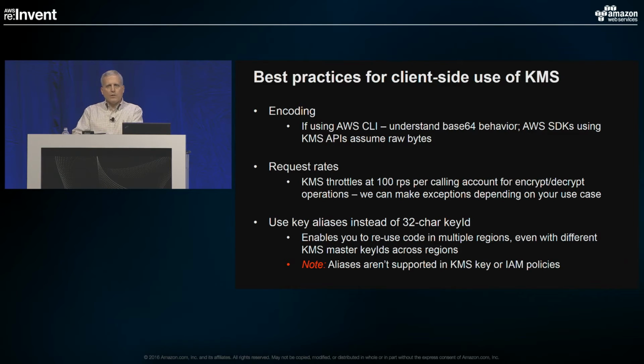Now your application code can refer to the alias, and you can actually run the same code in different regions, but have a mapping of that alias to the regionally isolated KMS keys. So this might make deployment simpler as you go from region to region. Do be aware, however, that aliases are not supported inside policies. The reason for that is that the mapping of the alias can happen independently of the editing of the policy, and we don't want to allow escalation of privilege.